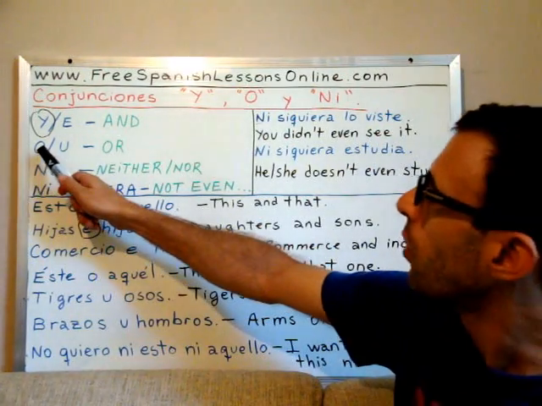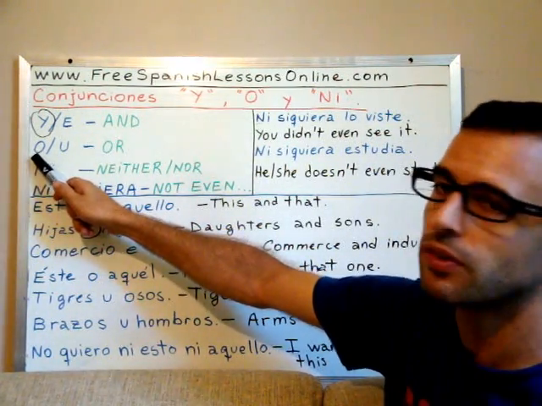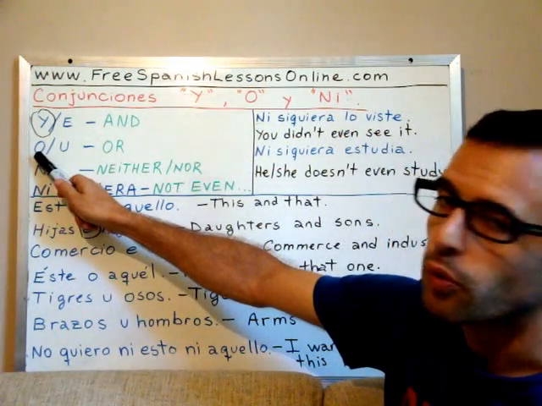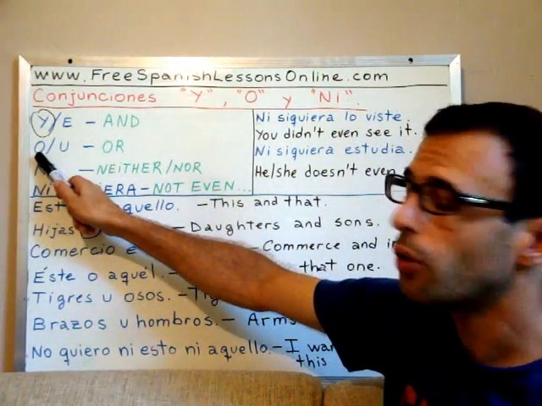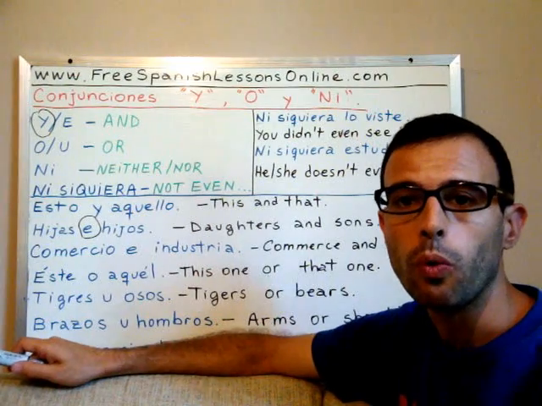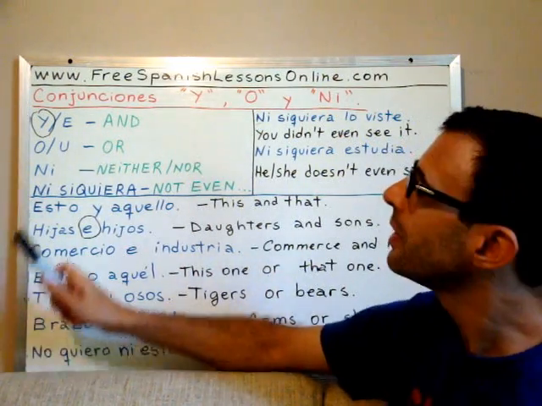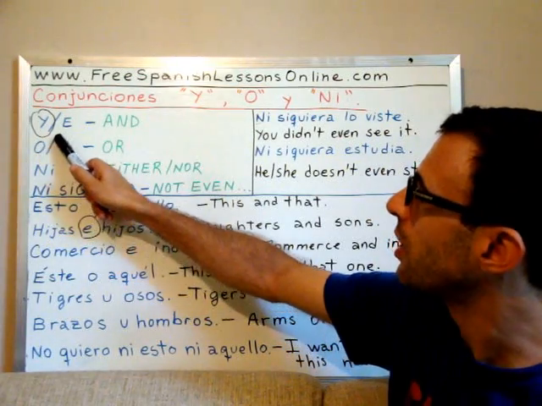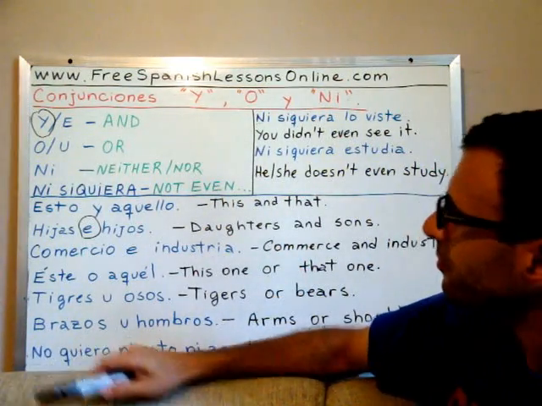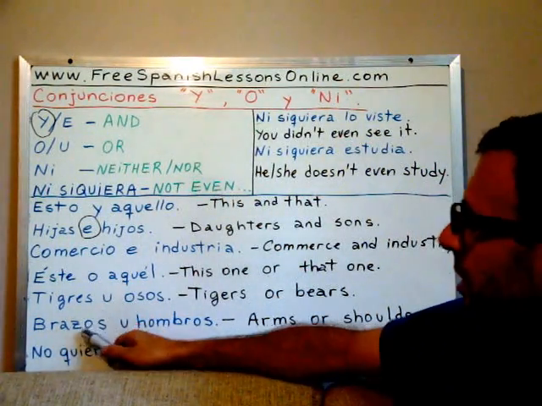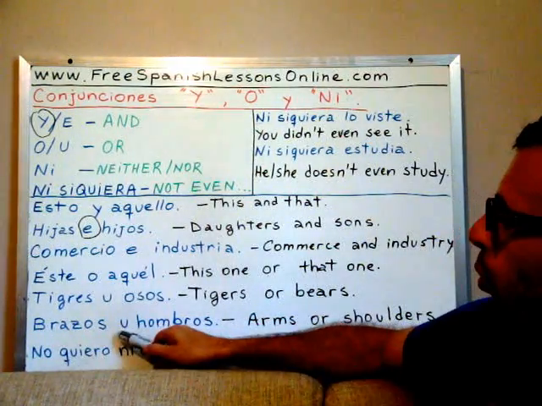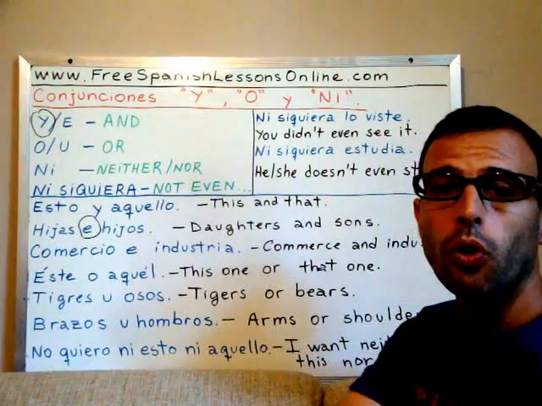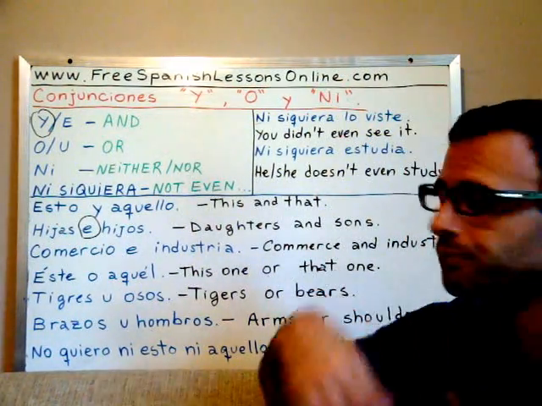Same thing with or. In Spanish it is the word o. When the word that follows the o begins with o or with ho, then the o changes for a u, okay? Like here, brazos u hombros. That means arms or shoulders.